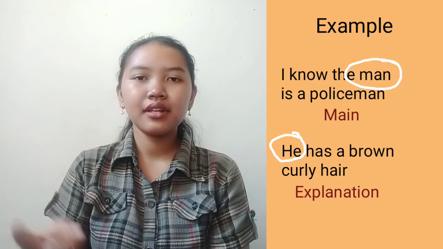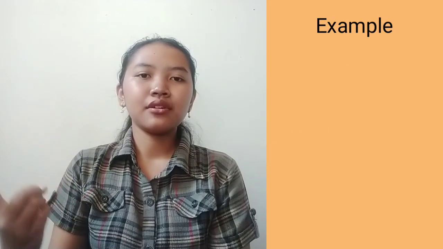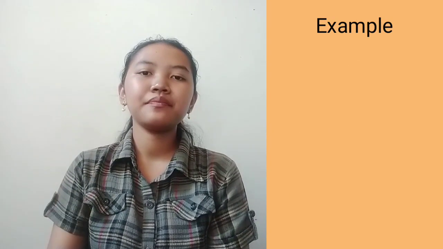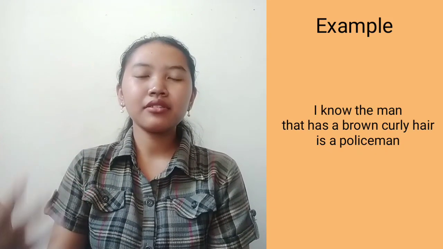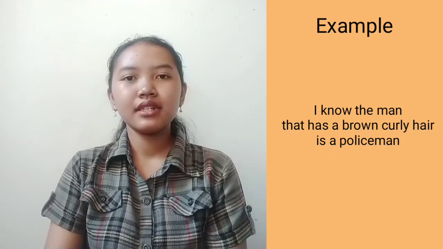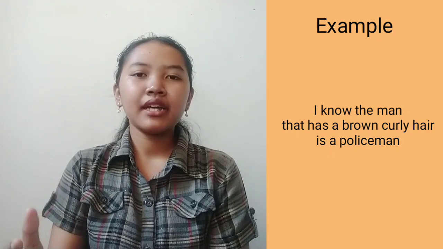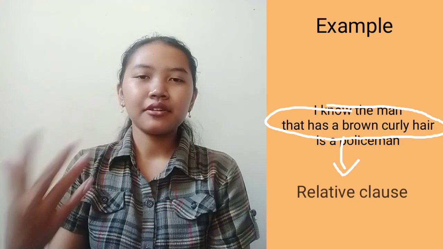Through this noun, we can combine them with a relative pronoun. So the sentence will be, I know the man that has brown curly hair is a policeman. The part starting with that has brown curly hair is the relative clause in this sentence.